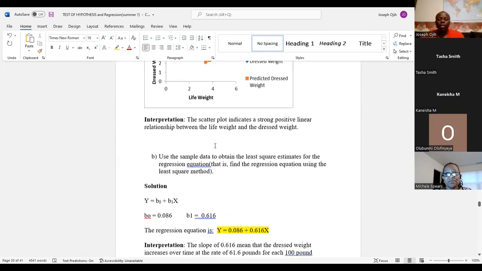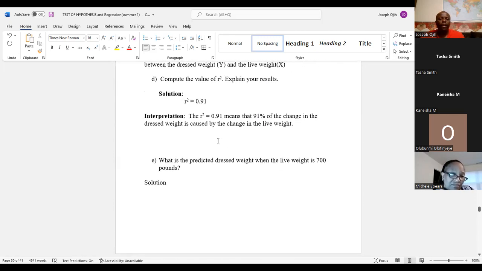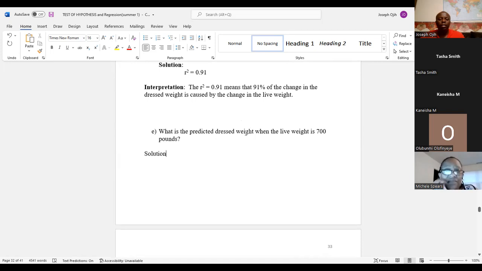This question is asking you to predict the dress weight when the live weight is 700 pounds. In other words, find y when x equals 7, where 7 represents 700 pounds.